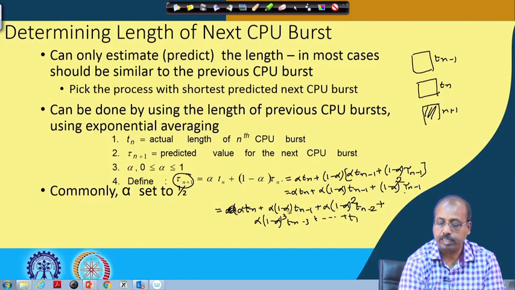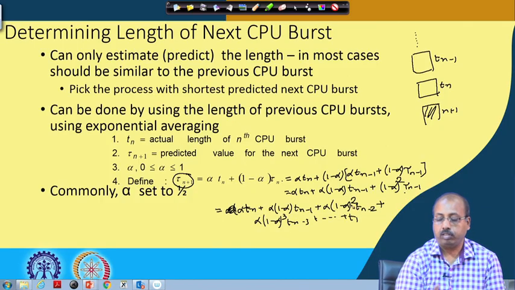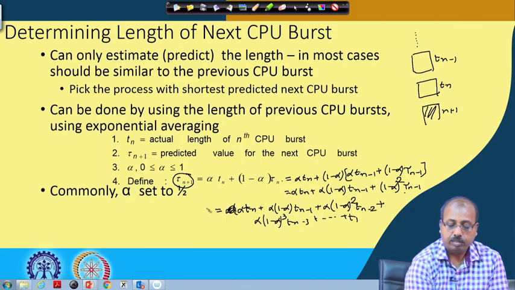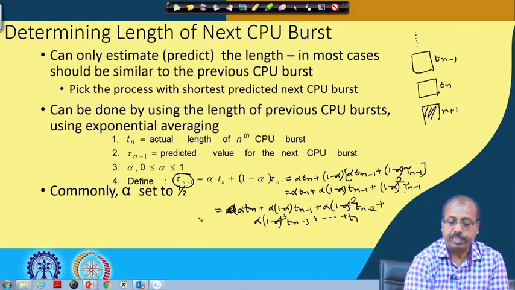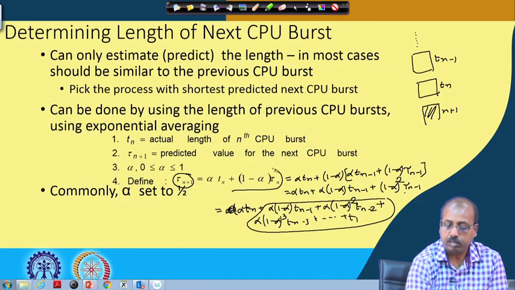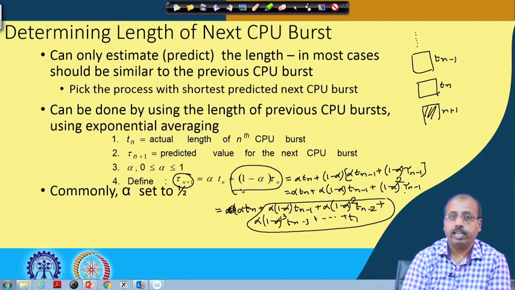As you go back and back, the weightage on that burst size is reducing. This way we try to make a prediction, and this whole part is captured by the term 1 minus alpha into tau n. That is, what was the prediction at the nth burst.